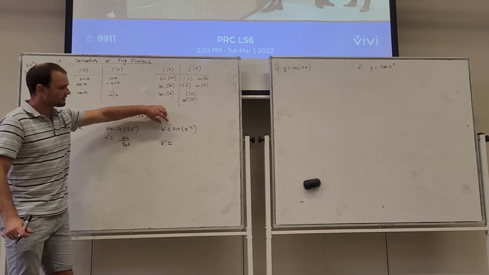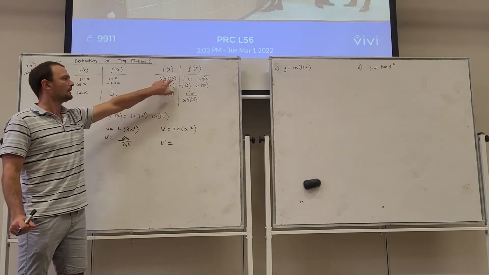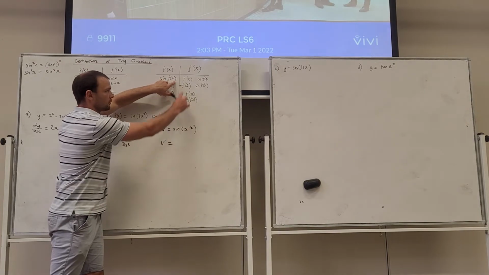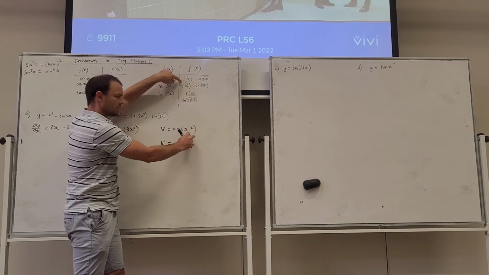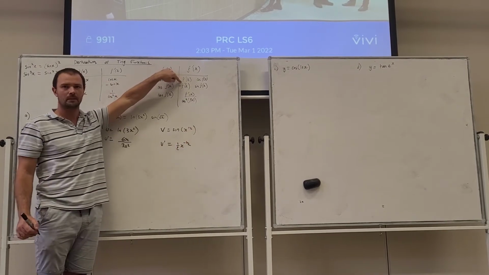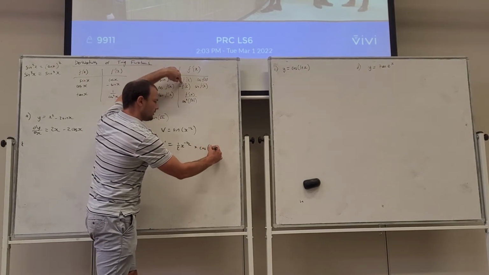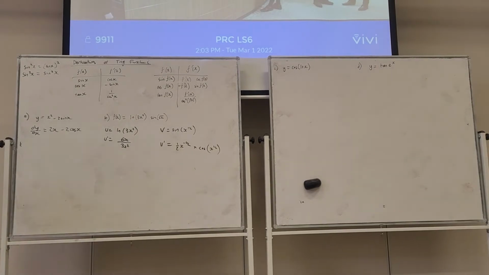Okay, we've got v is sine of x to the half. That's sine of a function. So now we need to use this rule here. It's going to be f dash of x. First we need to differentiate that. Half x to the minus half. Okay, that's the f dash of x part. And then that is multiplied by cos of x to the half. Okay, cos of the function. Okay, we've got u dash, we've got v dash.